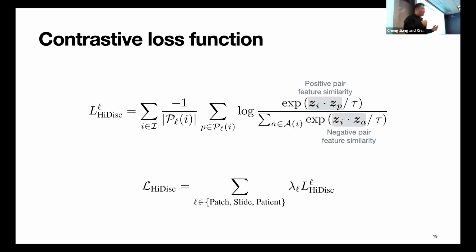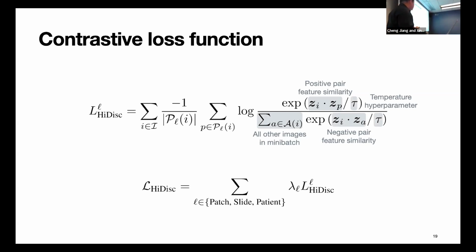Those are the similarities we're trying to contrast, and we do that for all the other images in our mini batch. And tau here is a temperature hyperparameter. This is a pretty standard, well-studied contrastive learning formula.